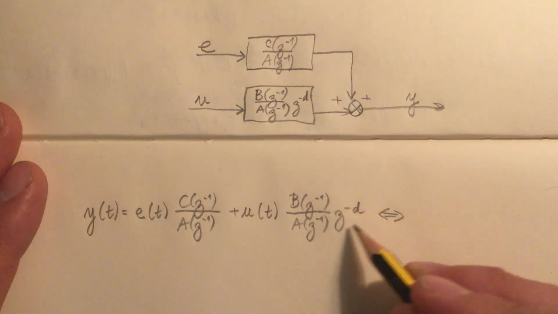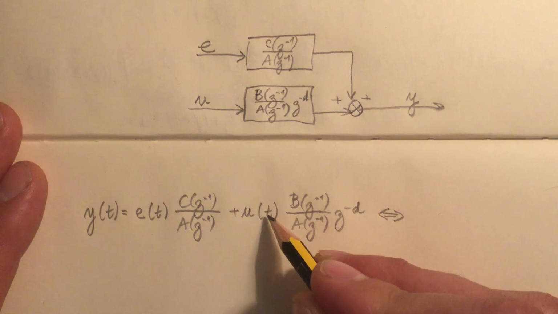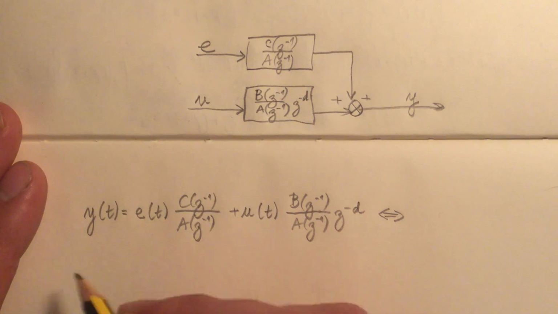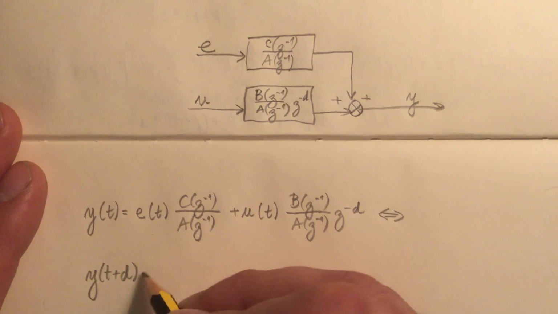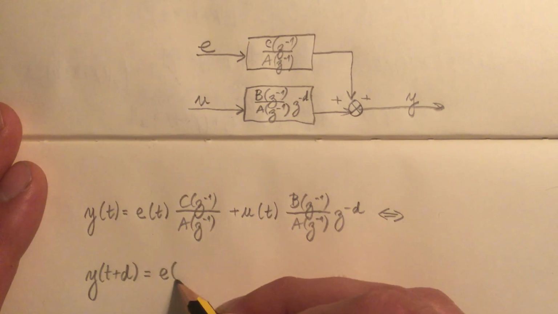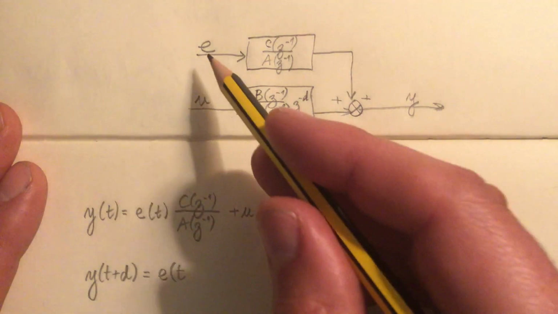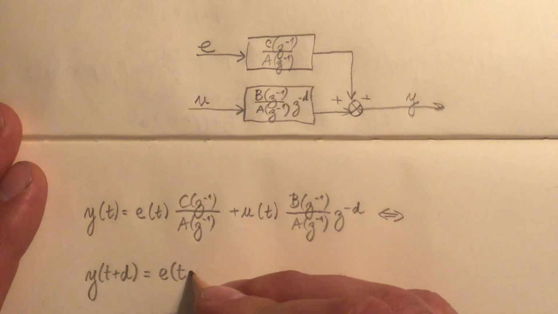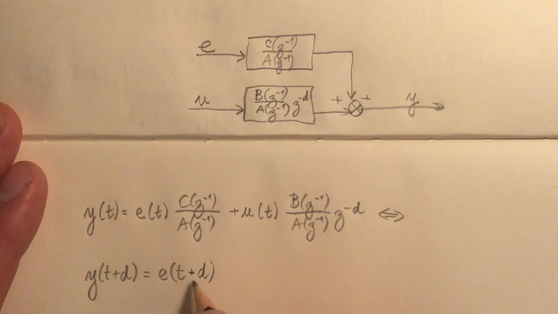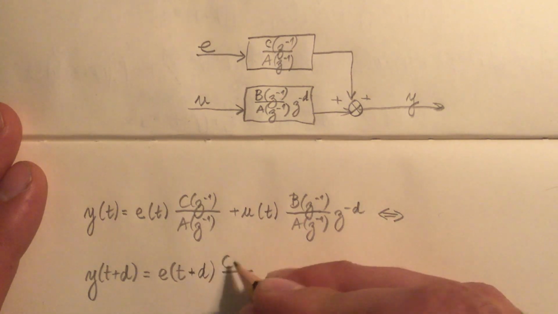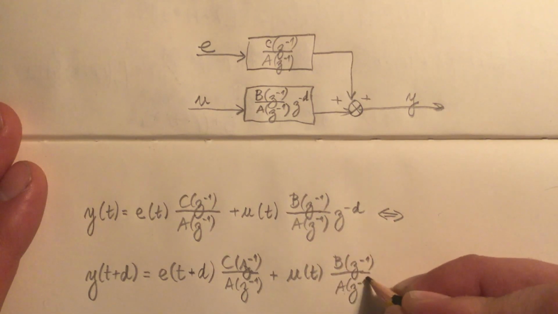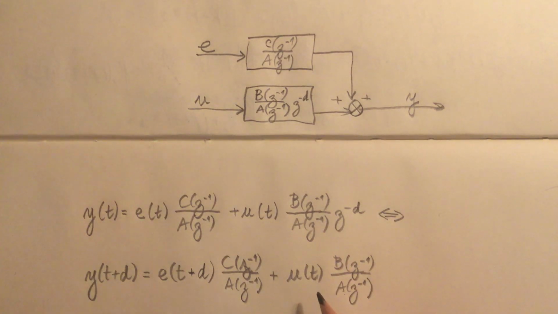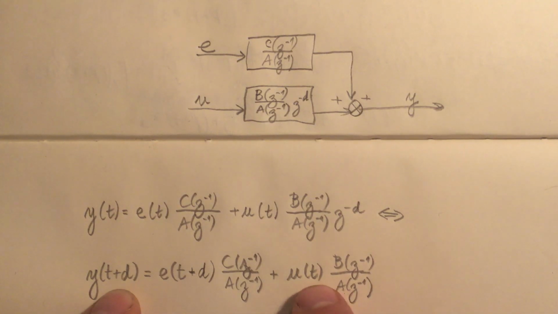Since we have here a delay, u of t will only affect y at time instant t plus d. So we write here the error or noise affecting this output at the same time instant we have here, and now the delay is represented by this difference from this time instant to this one.